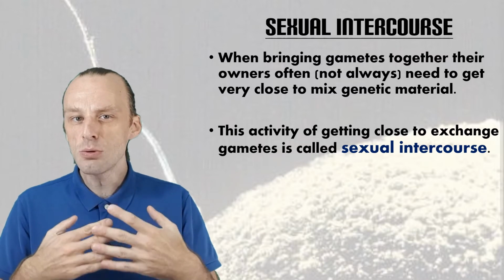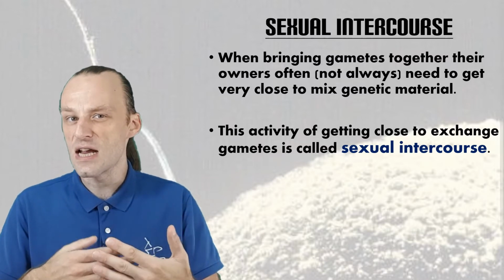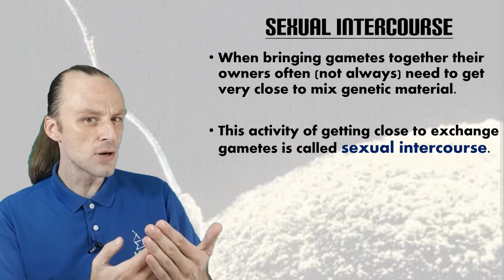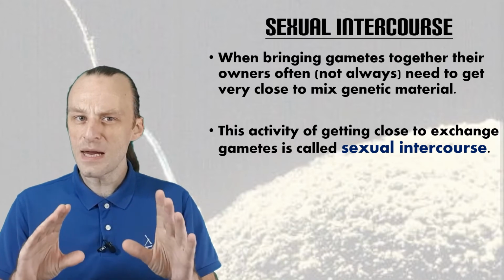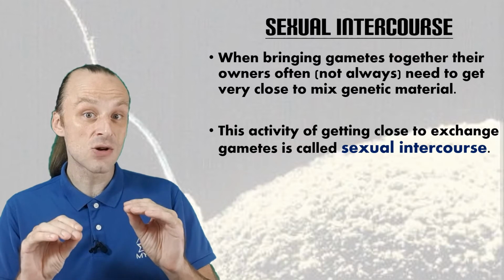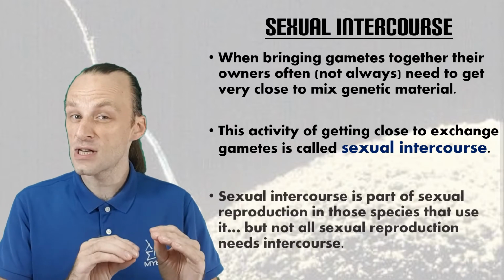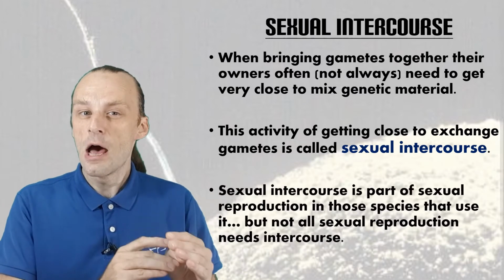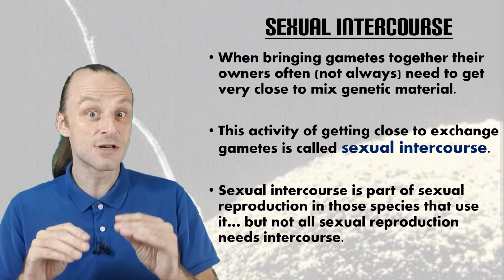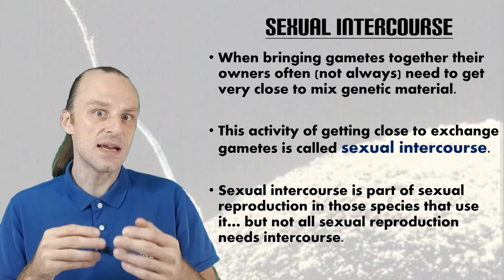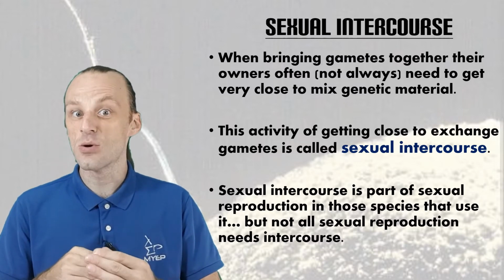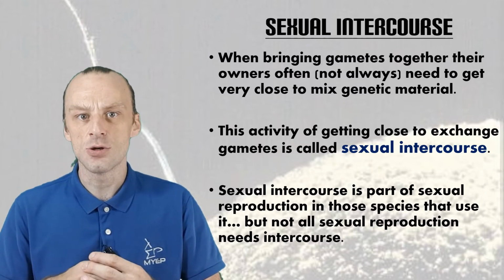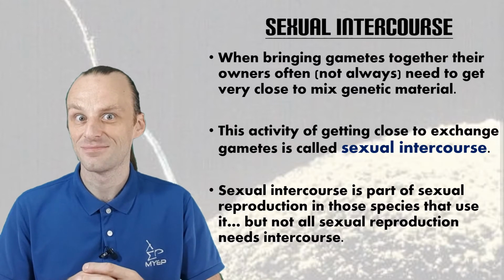And so sexual intercourse is an activity that helps along the process of sexual reproduction. So just to repeat that, all sexual intercourse is part of the process of sexual reproduction, but not all sexual reproduction needs there to be sexual intercourse, and not all sexual intercourse always leads to actual reproduction.